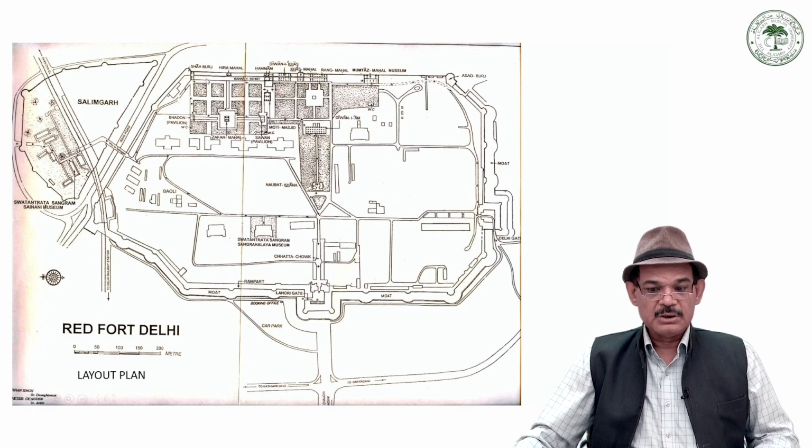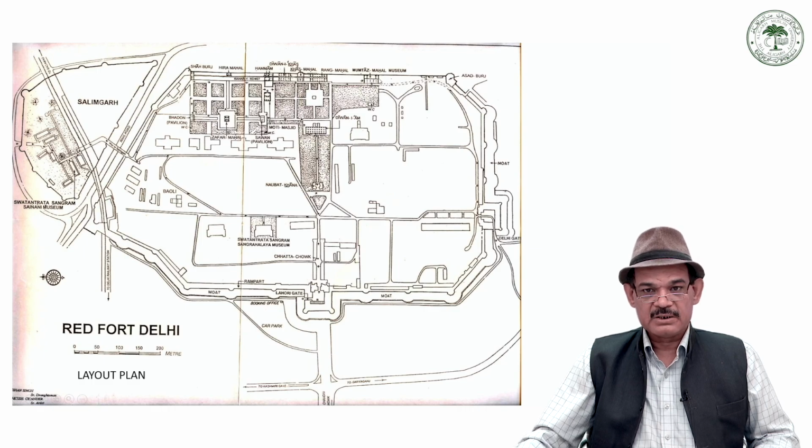On the northern side, it is connected with a small fort that is known as Salimgarh, and the Red Fort, Shahjahanabad, is connected with Salimgarh through a bridge.